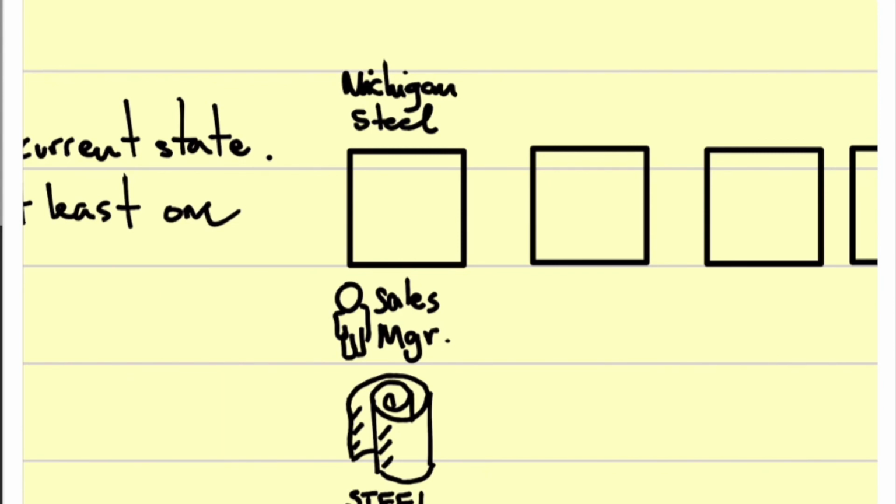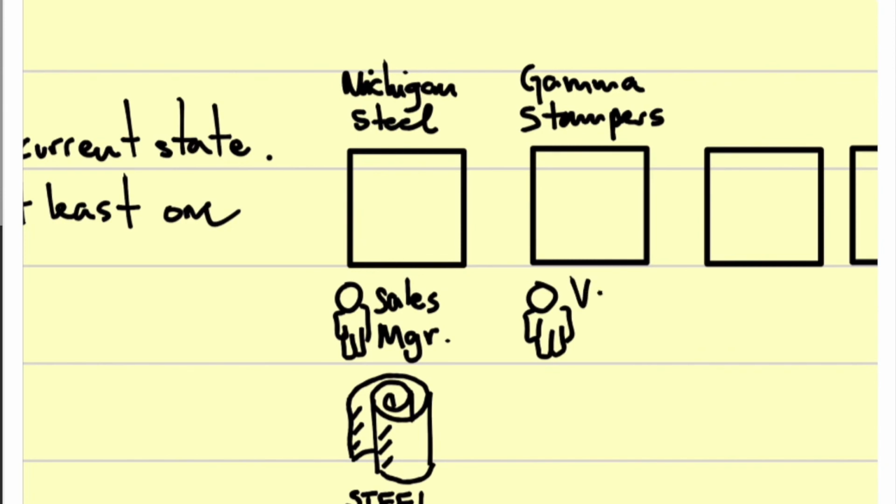Then we have the so-called stampers. Here we have a value stream manager.